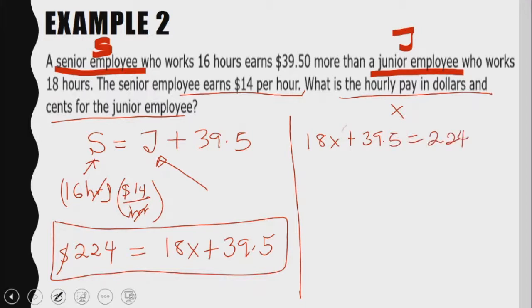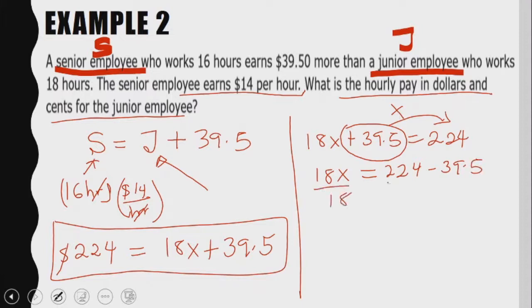So this plus 39.5, let's move it to the other side, so it will become a negative. So it's going to be 18x equals 224 minus 39.5. Then we can divide both sides by 18 to isolate the x.